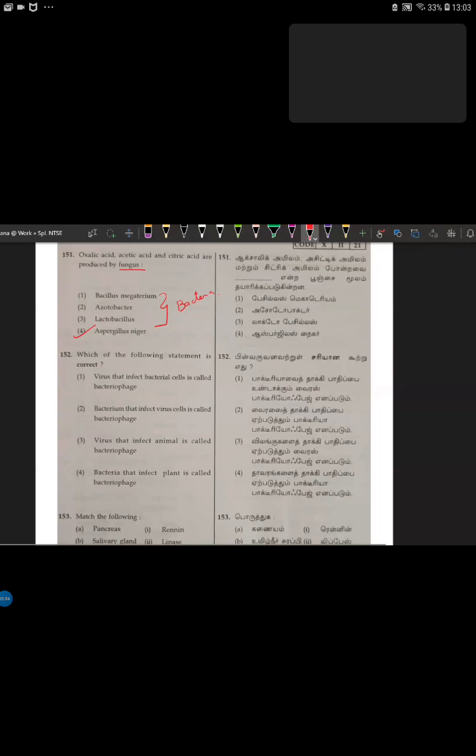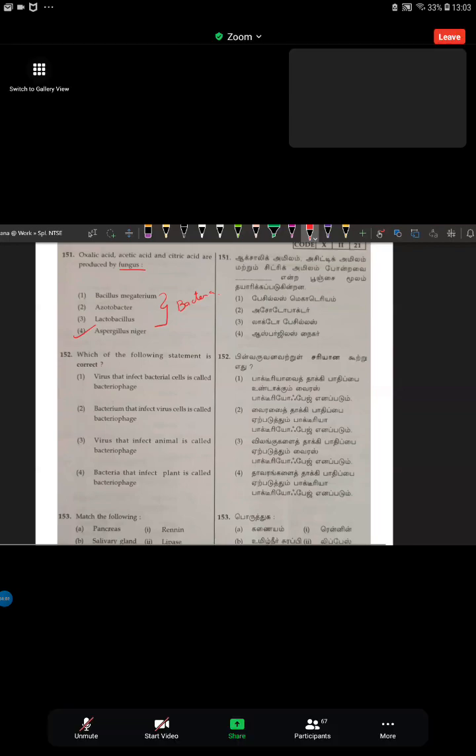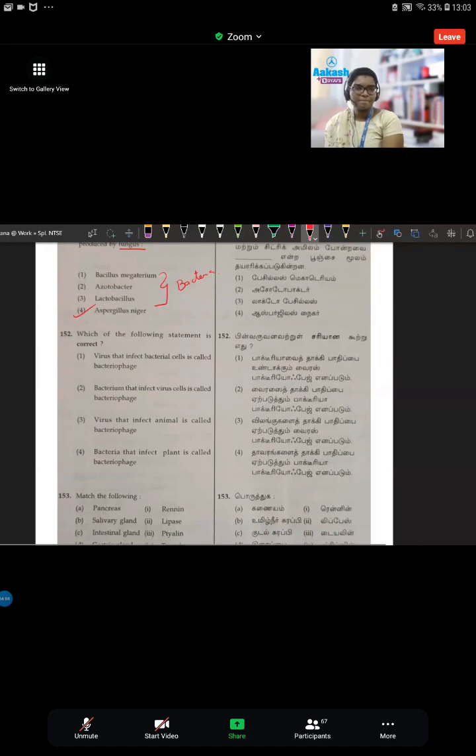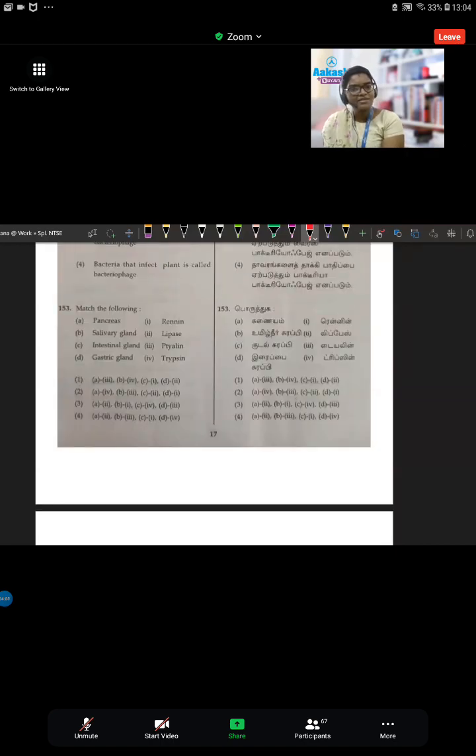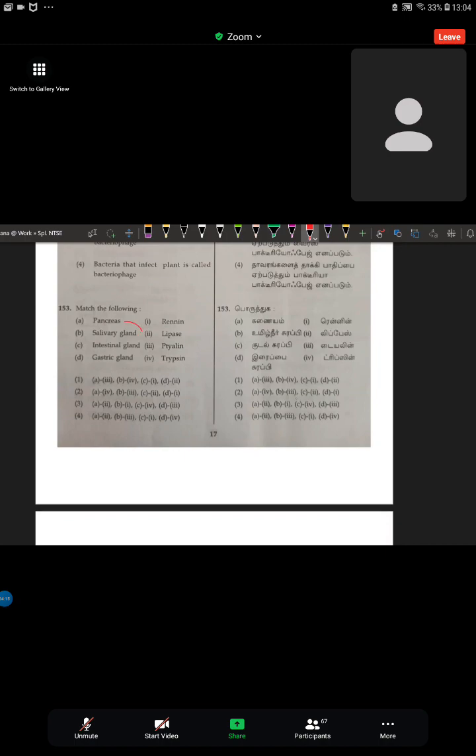And 153, match the following, from our lesson Life Processes, the digestive part. The secretion secreted by the pancreas: trypsin. Actually it is trypsinogen, which gets activated in the intestine as trypsin.